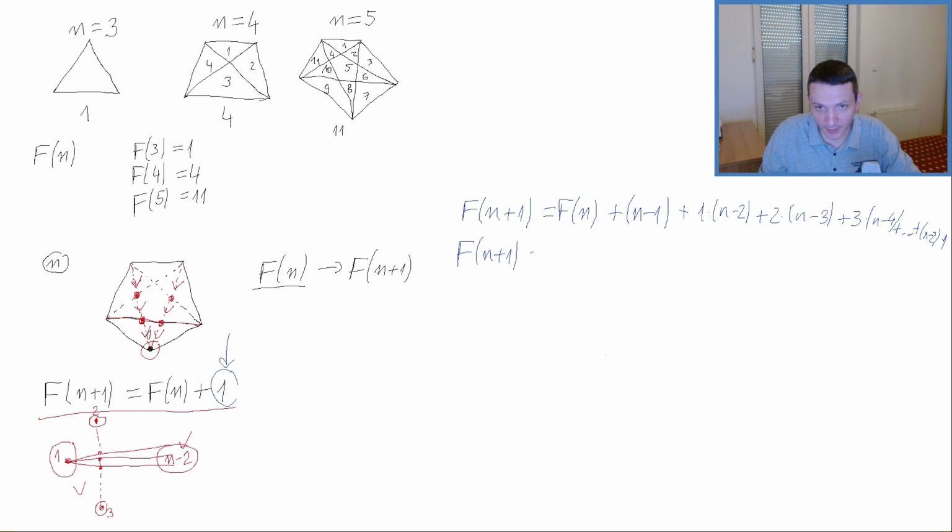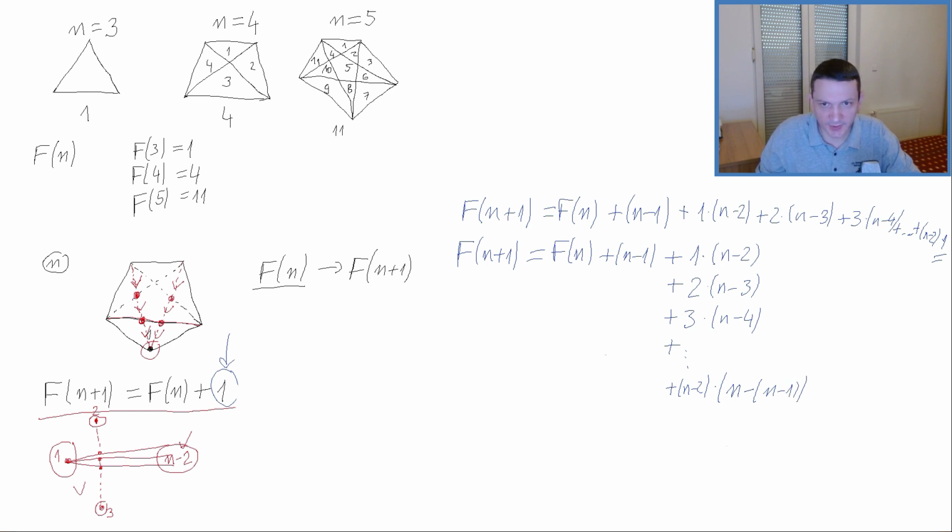This is f of n plus 1 equal f of n plus n minus 1 plus, I will now write in this way, 1 times n minus 2 plus 2 times n minus 3 plus 3 times n minus 4 plus and so on until I get n minus 2 times 1, but I will write that 1 here at the end as n minus n minus 1.